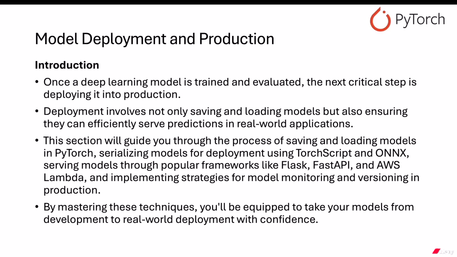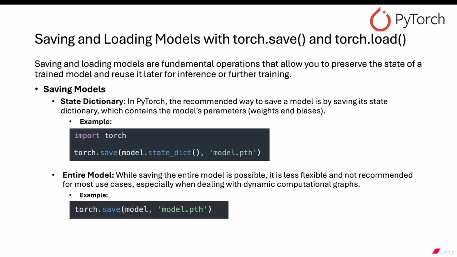This section will guide you through the process of saving and loading models in PyTorch, serializing modules for deployment using TorchScript and ONNX, serving models through popular frameworks like Flask, FastAPI, and AWS Lambda, and implementing strategies for model monitoring and versioning in production. By mastering these techniques, you'll be equipped to take your models from development to real world deployment with confidence.